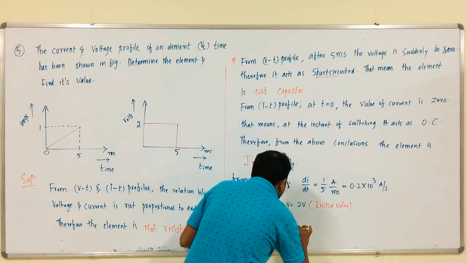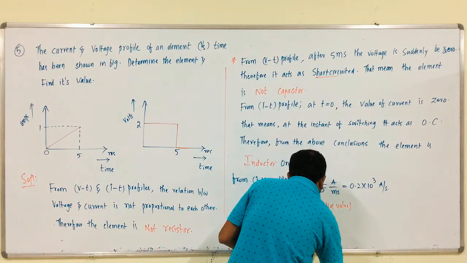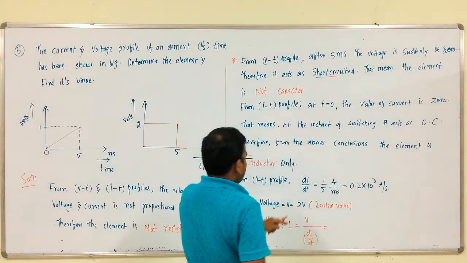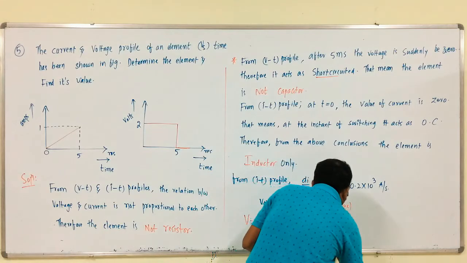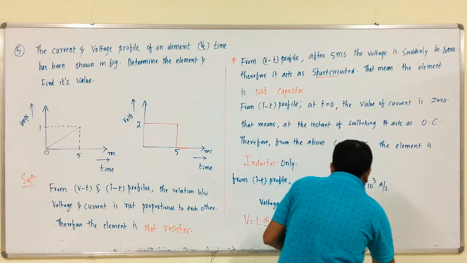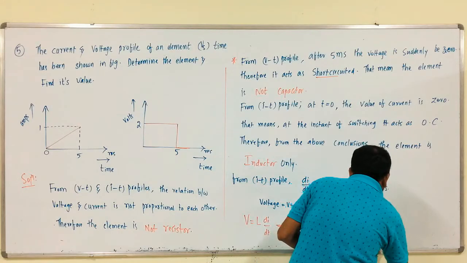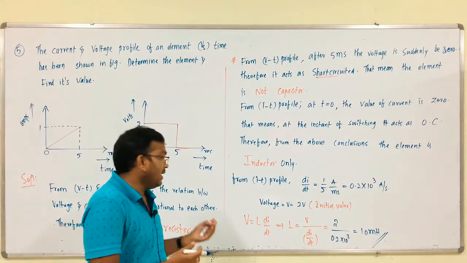From this, L is equals to V by di by dt, which is equals to 2 by 0.2 into 10 cube, that is 10 millihenry. The answer is 10 millihenry of inductance.